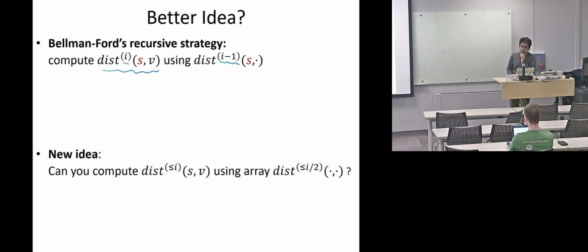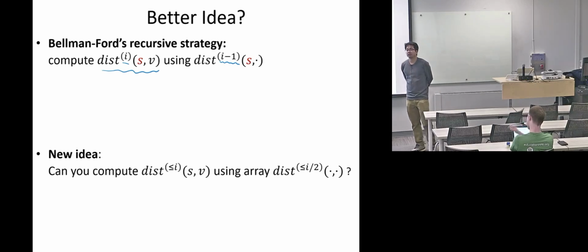Any ideas how we can do this? If you consider nodes in between as candidates, so if there's a node W in between S and V, that would be the distance from S to W and then W to V, where their i's are summed to i or whatever. Yeah, good.